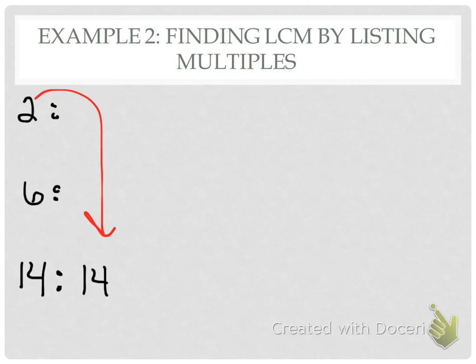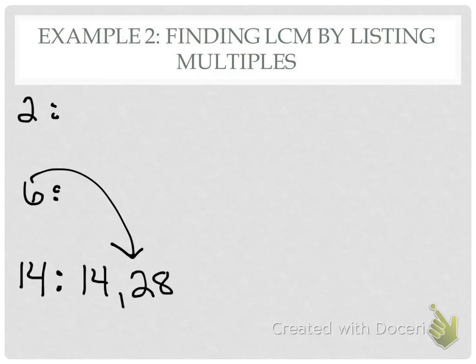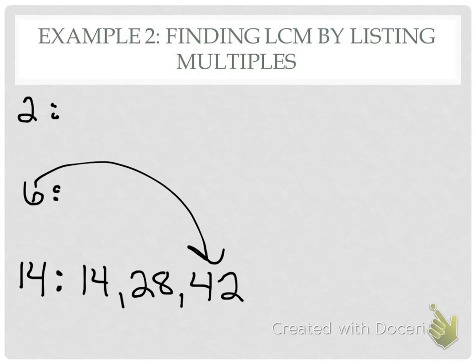No, it doesn't. So I'm going to keep going. What about 28? Does 6 go into it? No. So I need to keep going. What about 42? Yes, 6 goes into it, and 2 goes into it. So 42 is going to be my LCM.